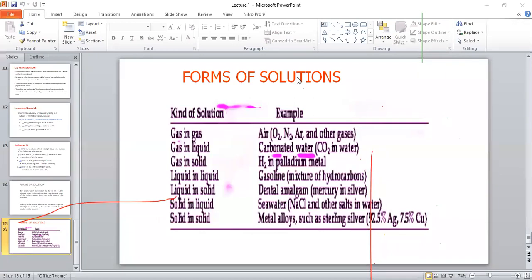You know, when the solution is saturated and you add more, you raise the temperature to add more, and then it will take more of the solute.